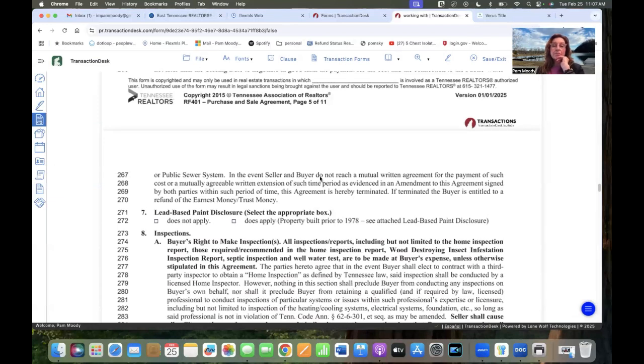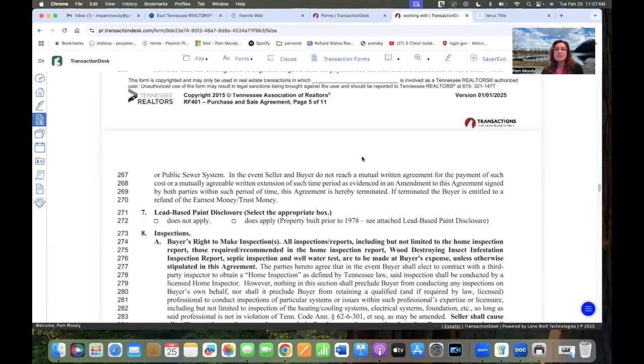In the event seller and buyer do not reach a mutual written agreement for the payment of such cost or mutually agreeable written extension of such time period as evidenced in an amendment to this agreement signed by both parties within such period of time, the agreement is hereby terminated. If terminated, the buyer is entitled to a refund of the earnest money.